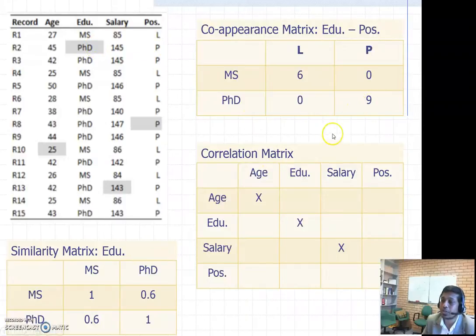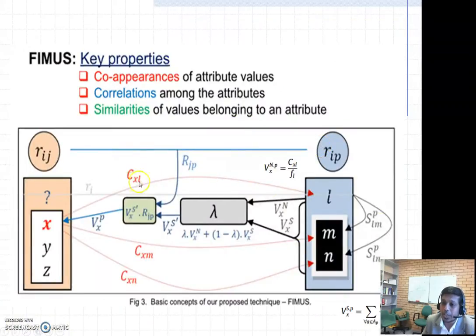So that coappearance is 9, something like that. So we know CXL, that's the coappearance. And then we also know the frequency, or number of occurrences, of L in that attribute. So we divide that CXL by FL, and that's the voting for X based on L. We call it Vx. That's the primary vote for X.